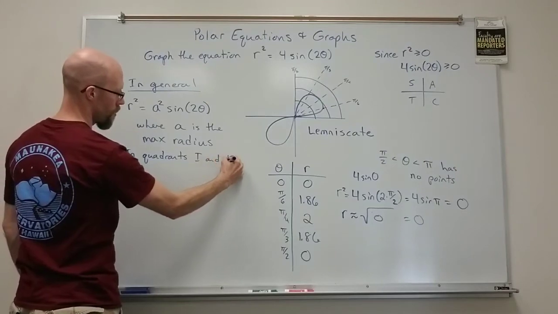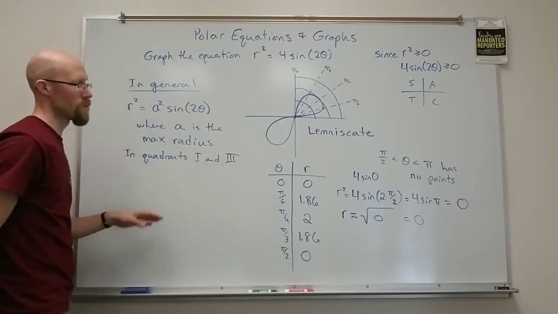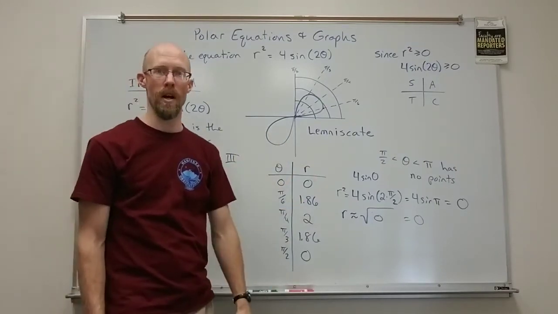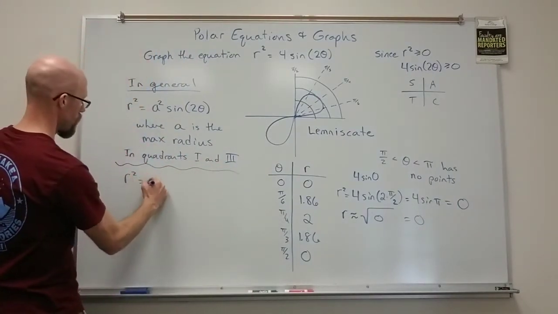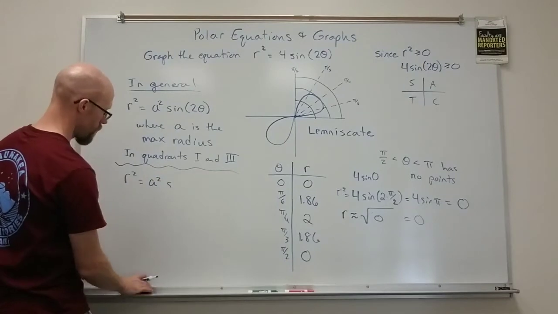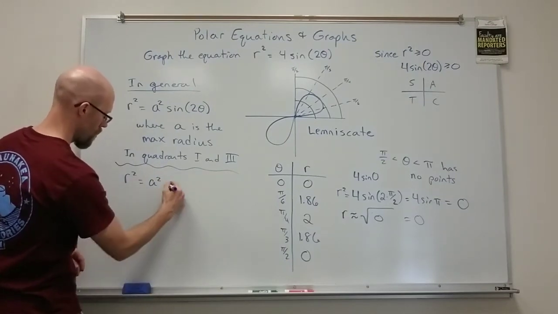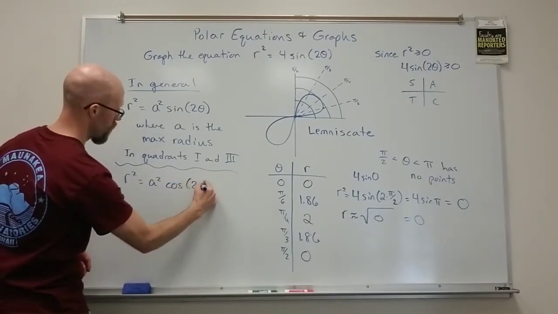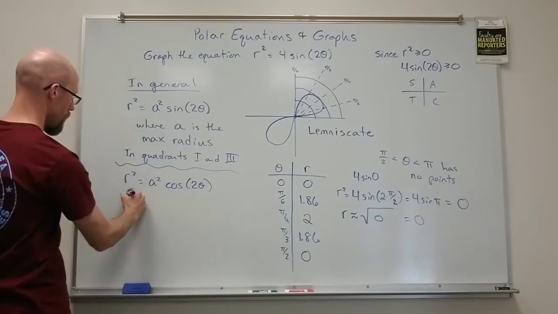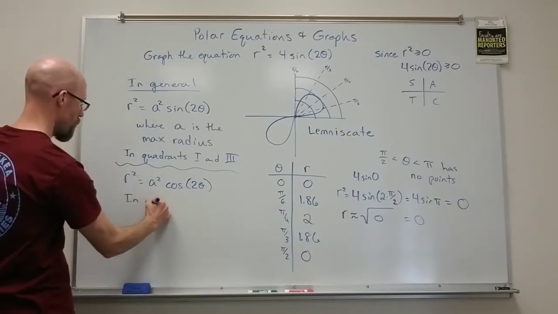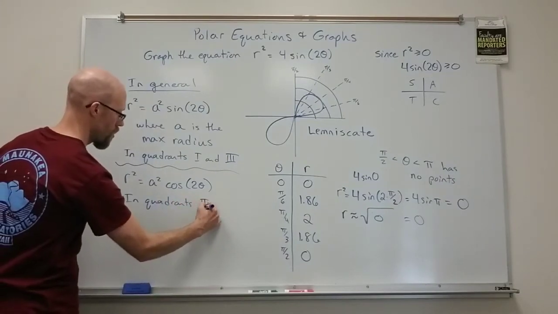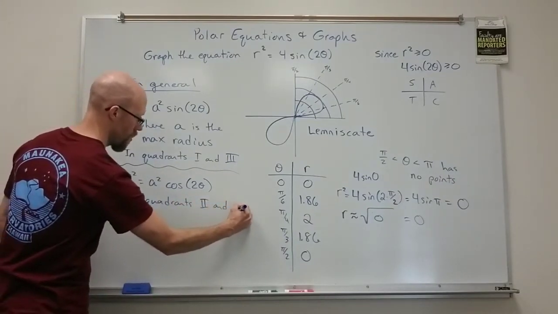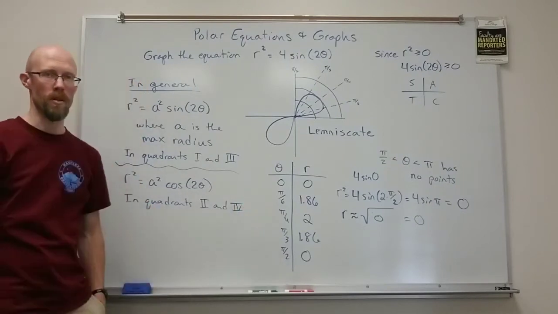1 and 3. If I was to repeat this process with a similar formula, if I wanted r squared equals a squared cosine of 2 theta, then I get a lemniscate that's in quadrants 2 and 4 based on the symmetry you would have there.